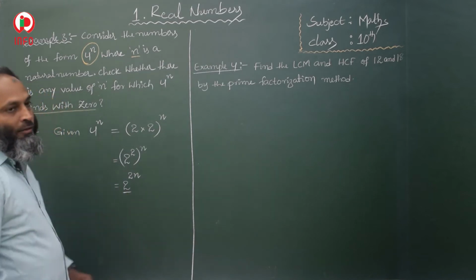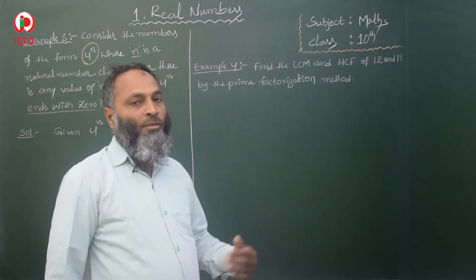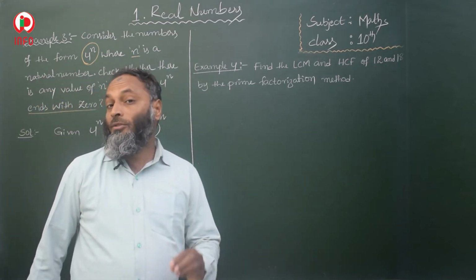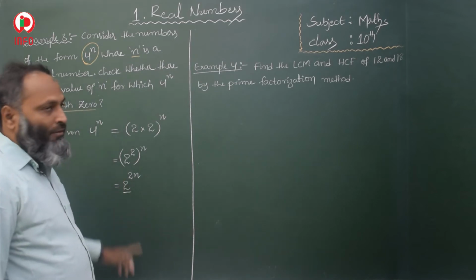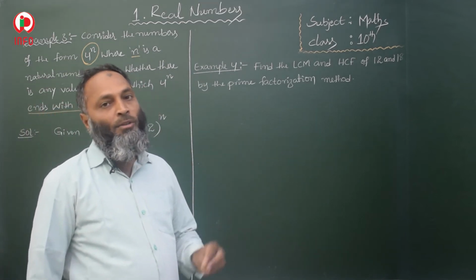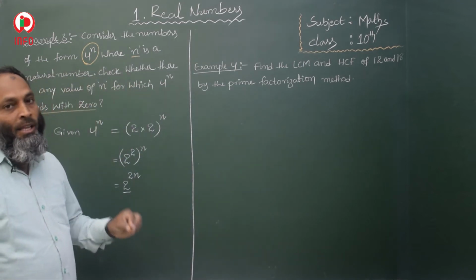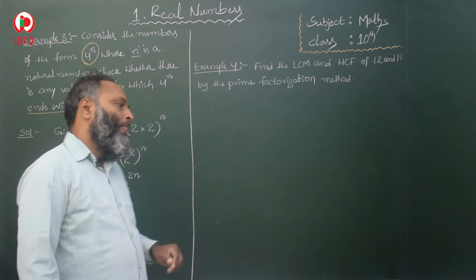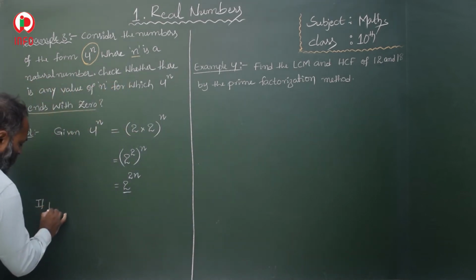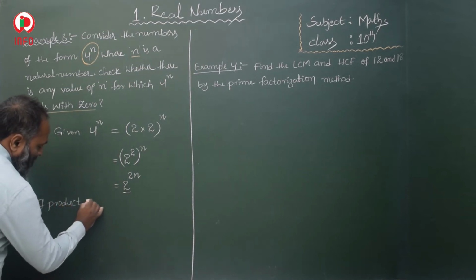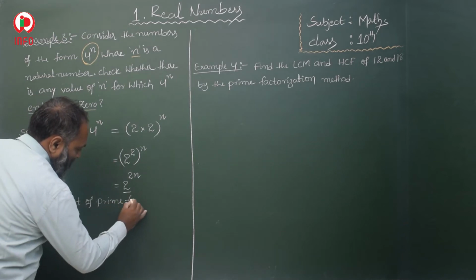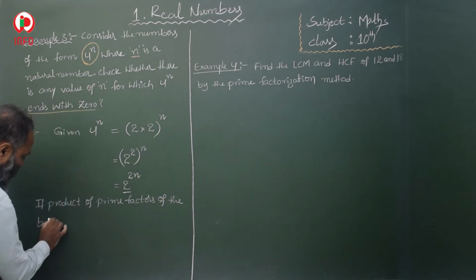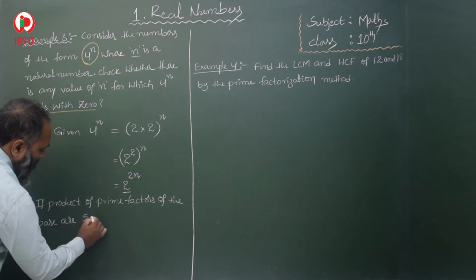Here the base is 2. If the prime factors of a number are 5 and 2, that is, the product of the prime factors includes 5 and 2, then the number ends with 0, otherwise it won't end with 0. This you should keep in your mind.